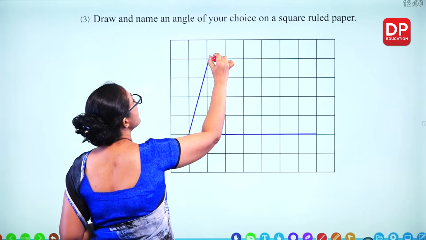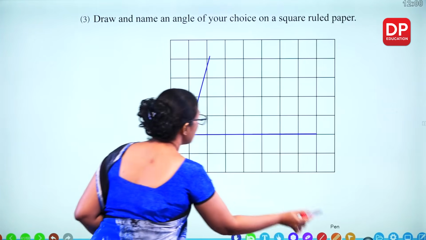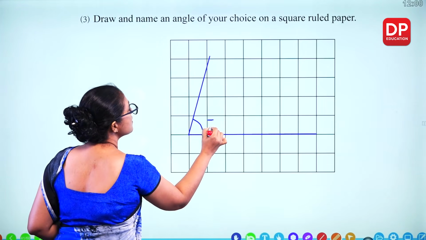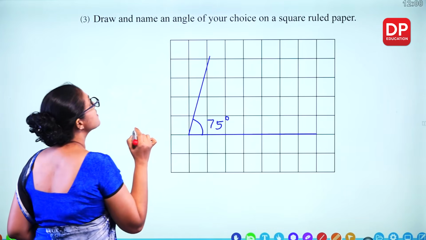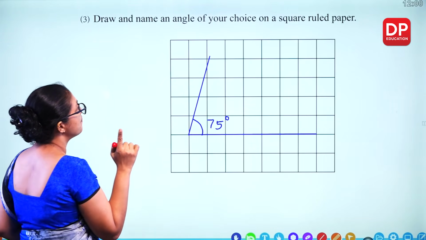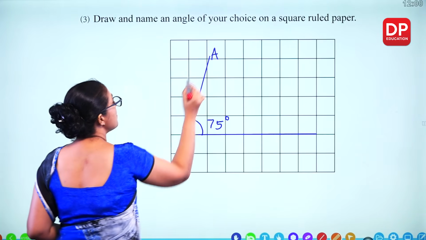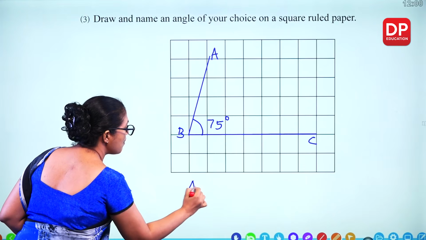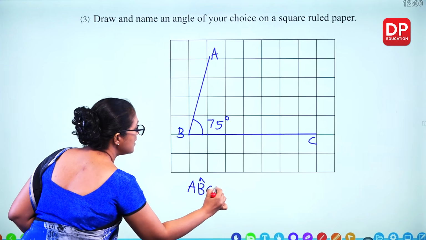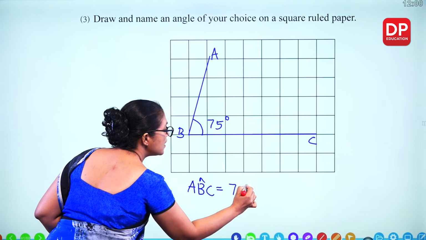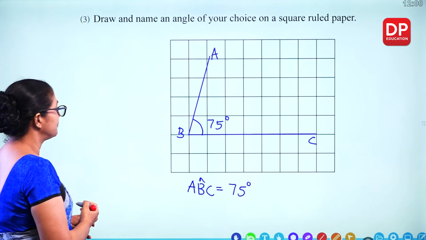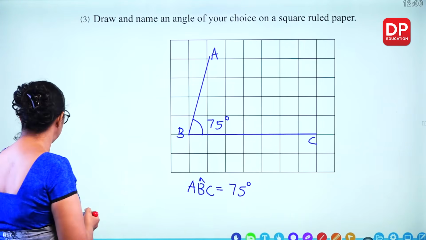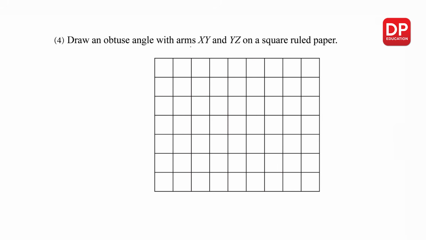This is 75 degrees. I can mark this angle 75 degrees and name A, B, C. So I can write ABC angle is 75 degrees. That's an acute angle.